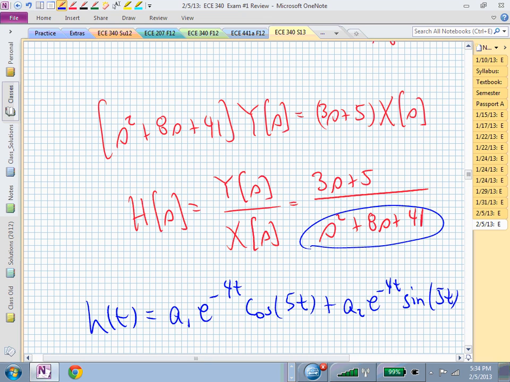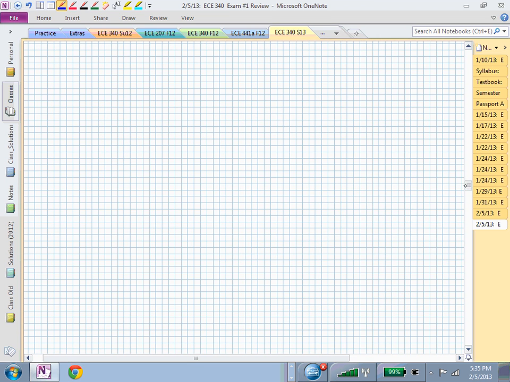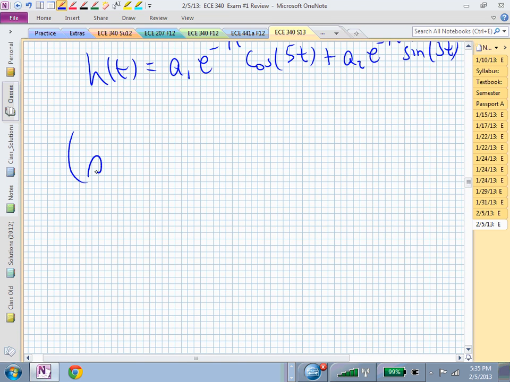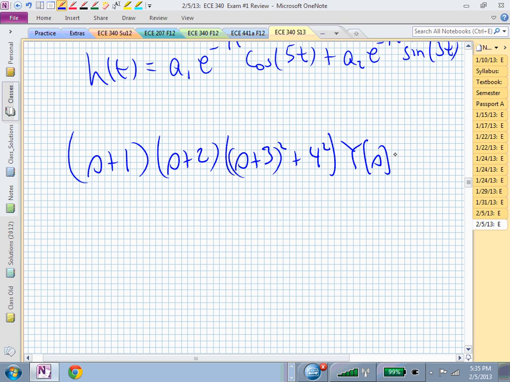But for this exam, you really need to know if you have complex conjugate poles, how does that translate into structure? If you have real poles, how does that translate? Let's say you had s plus 1 times s plus 2 times s plus 3 squared plus 4 squared, all times Y of s equals some X of s.